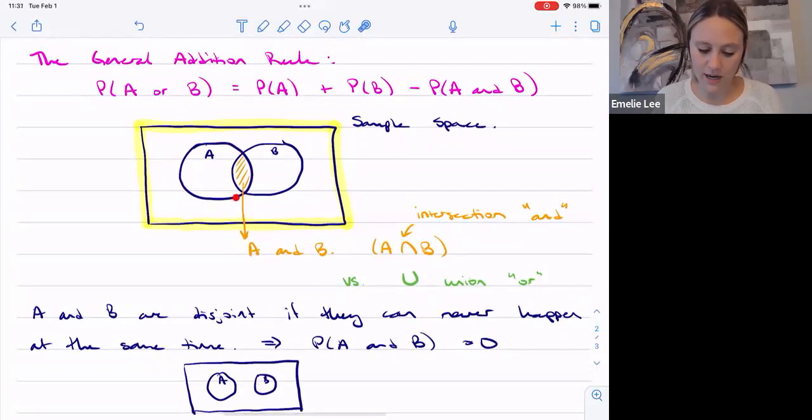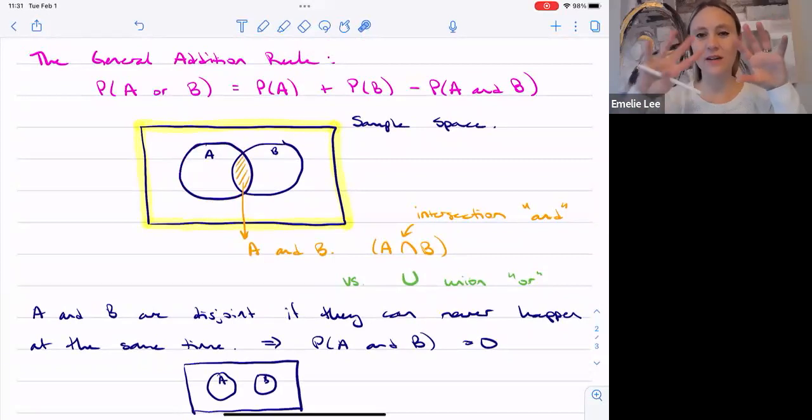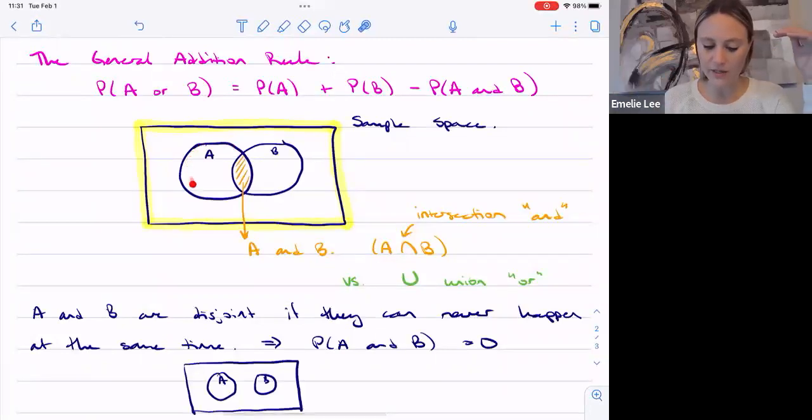Okay, so going back to the Venn diagram here, the area of A is showing all the outcomes in A, and the area in B is showing all the outcomes in B. But it's also a way that we can show the probabilities, okay? Because the outcomes are also connected to the probabilities, right? And so if we think about these circles as being either the probabilities or the outcomes, it really doesn't matter.